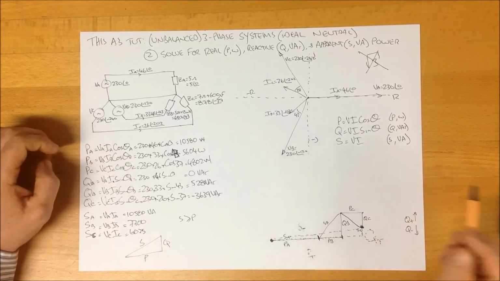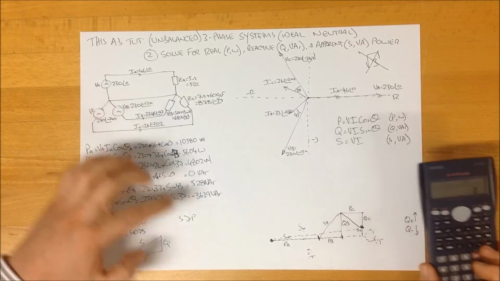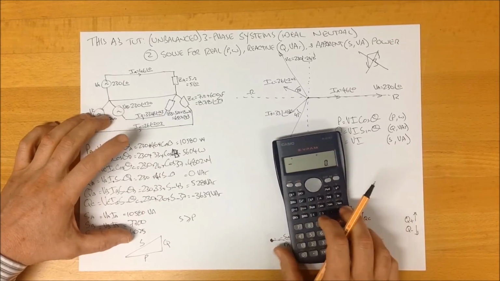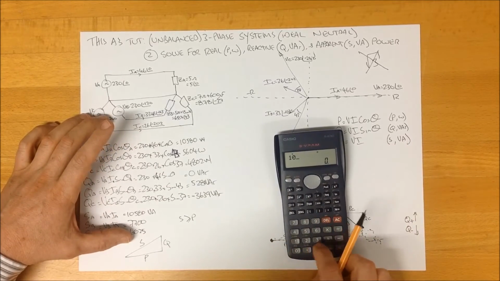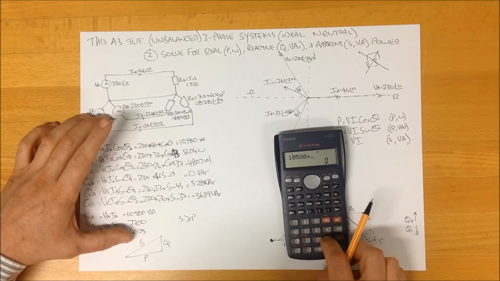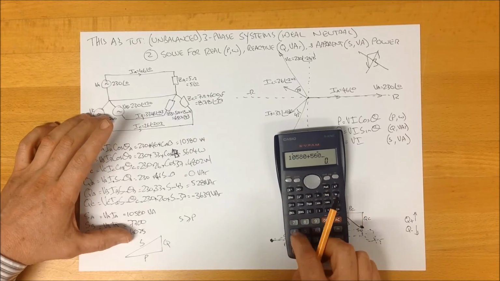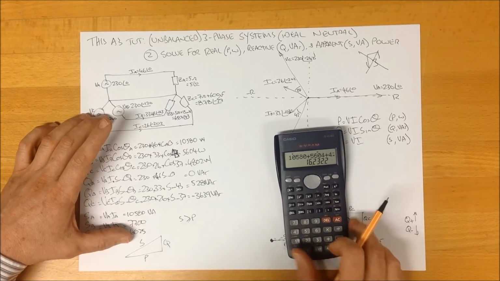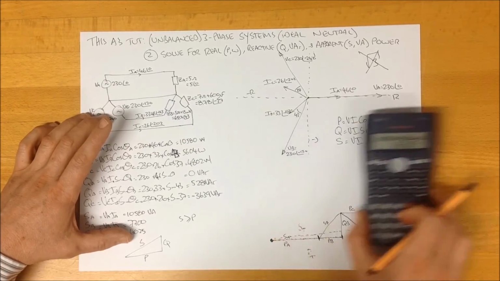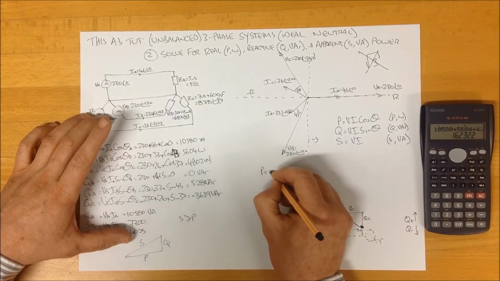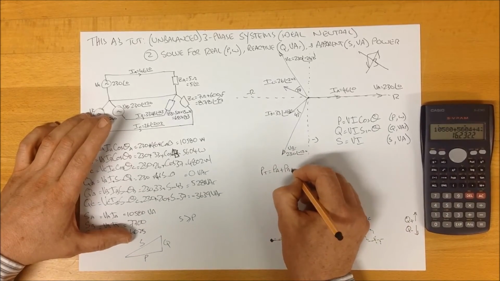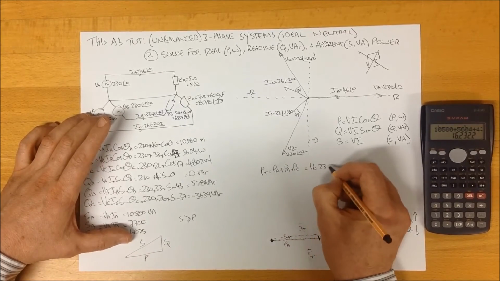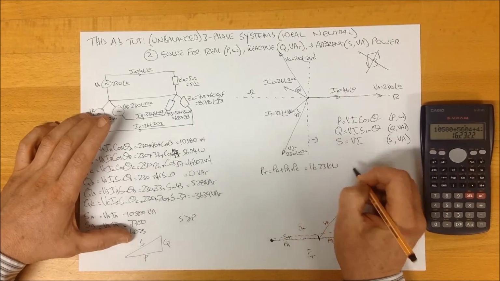So what we can see here is the total real power is PA plus PB plus PC. 10,580 plus 5,604 plus 4,802 is 16.23. PT is PA plus PB plus PC, 16.23 kilowatts.